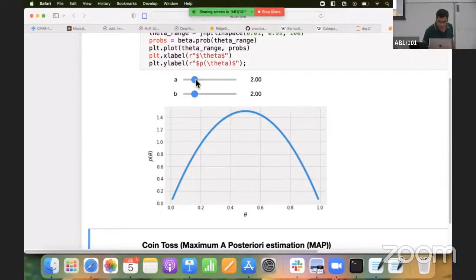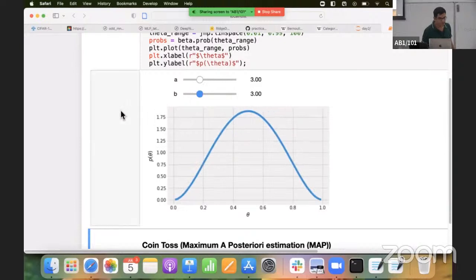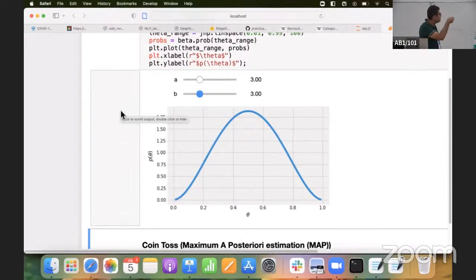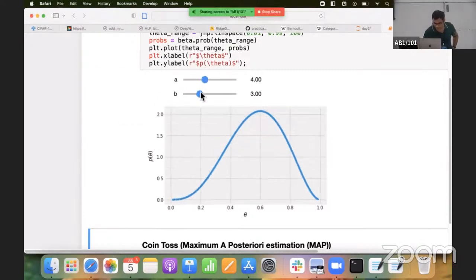Now let's move from 2, 2 to 3, 3. What do you think has changed? It's become closer, right? The variance has reduced and the distribution has got closer to theta equal to 0.5. Did everyone observe that? Let's go one step further from 3, 3 to 4, 4.